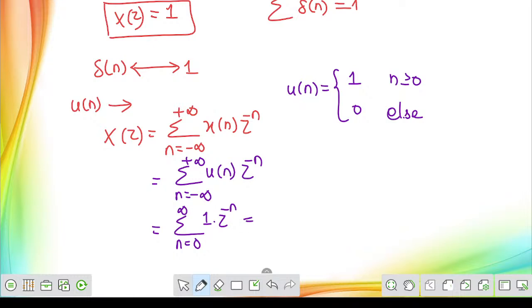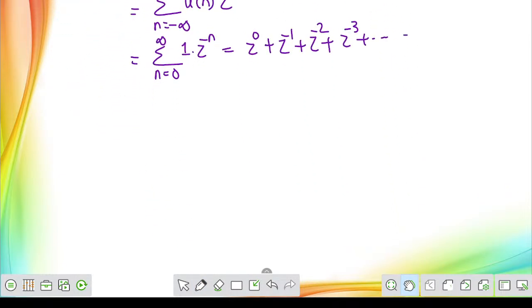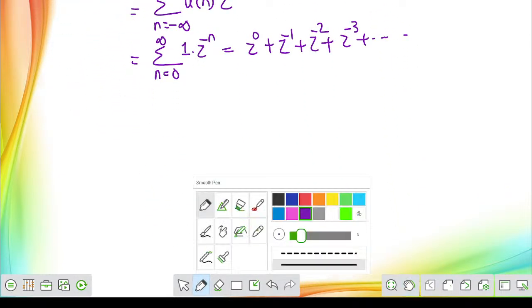Now you can substitute n equal to 0, n equal to 1, n equal to 2, n equal to 3 and so on. If you put that, what you will get is z power 0, then z power minus 1, then z power minus 2, then z power minus 3, then z power minus 4 and so on. Now if you observe this function carefully, how will I rewrite this function, sir? Let me rewrite.